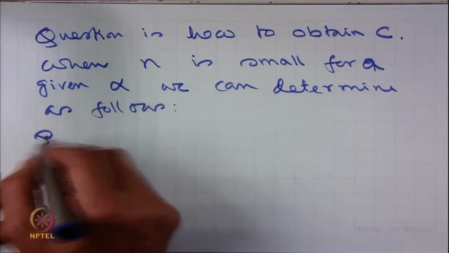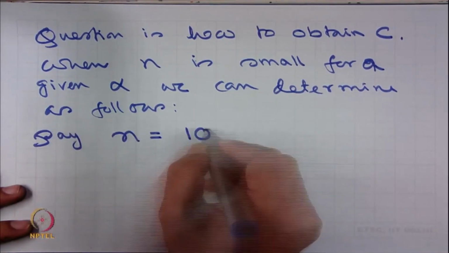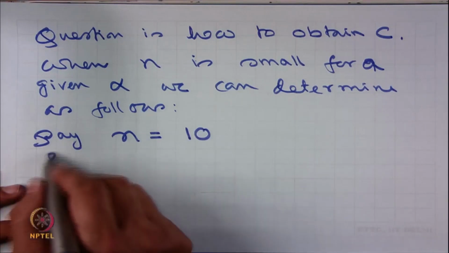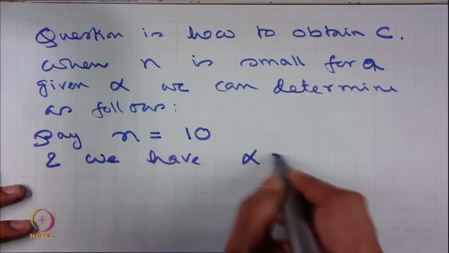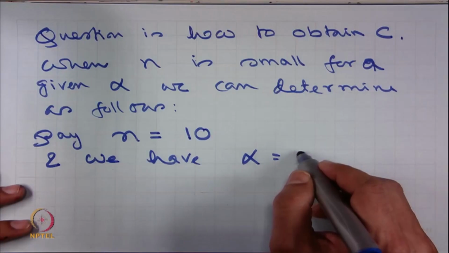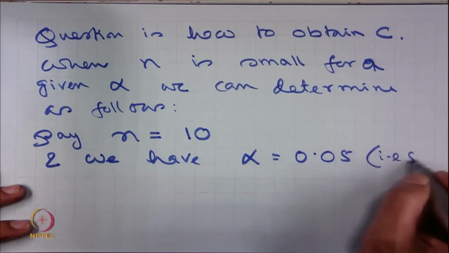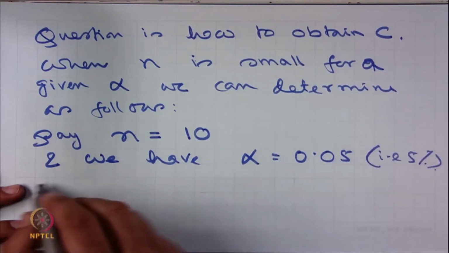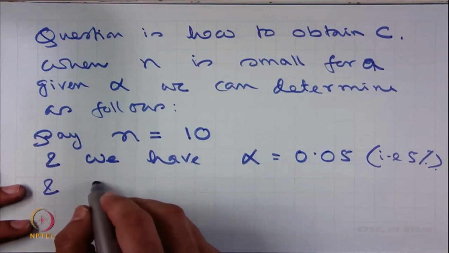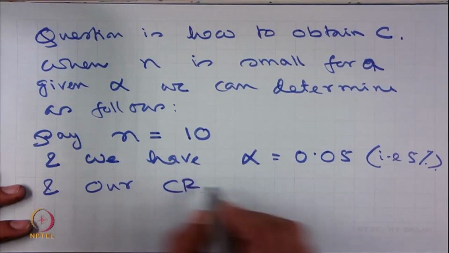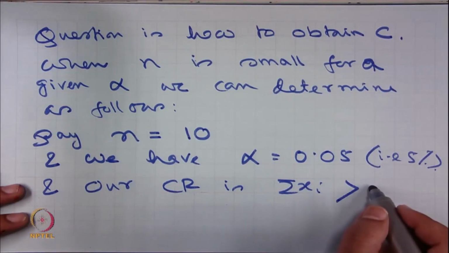Say n is equal to 10, and we have alpha equal to say 0.05, that is 5%, and with respect to the earlier problem, our CR is sigma xi is greater than some c.